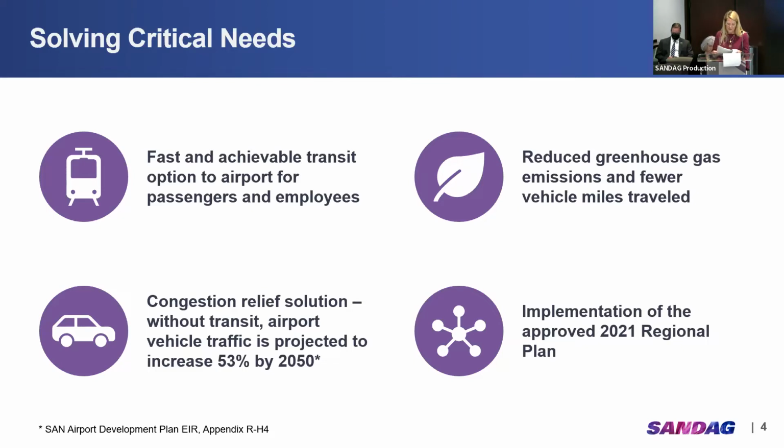So with your feedback today and going forward, we will be able to make this world-class transit connection to our airport. Again, we want to hear your questions today. We will answer as many of them as we can, and we'll make notes for the ones that we can come back and talk with you about in the future. And we're absolutely committed to working closely with this board and keeping you informed all along the way.